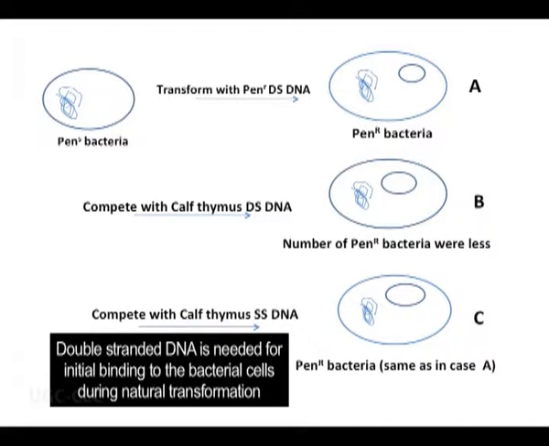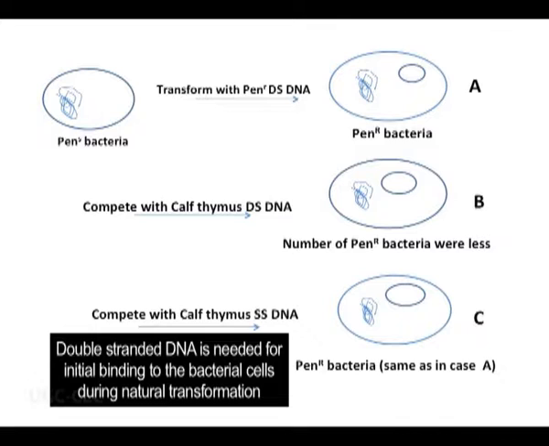Right? The next question on their mind was whether the initial binding of the DNA onto the bacterial cell surface needs double-stranded DNA or single-stranded DNA. To test this, they performed a similar experiment wherein Streptococcus pneumoniae cells sensitive towards penicillin were transformed with Streptococcus pneumoniae DNA containing penicillin resistance, and along with it they added denatured calf thymus DNA.